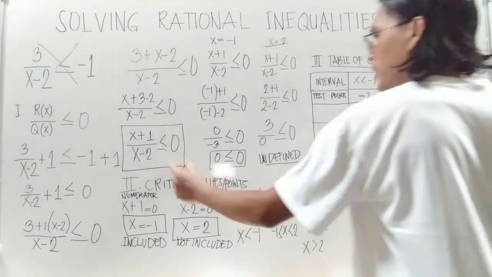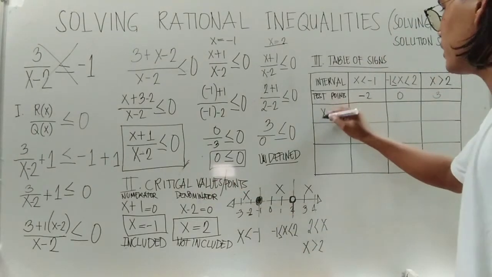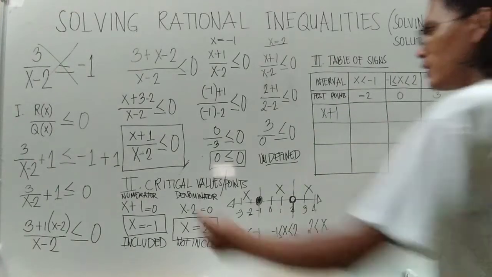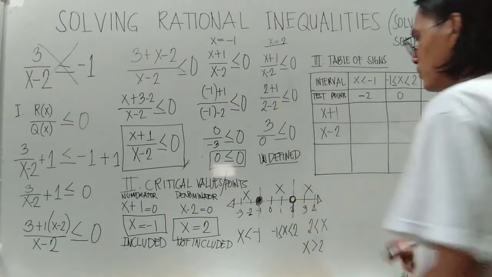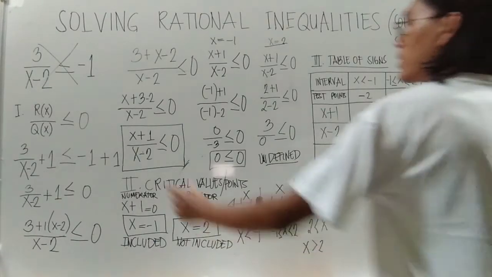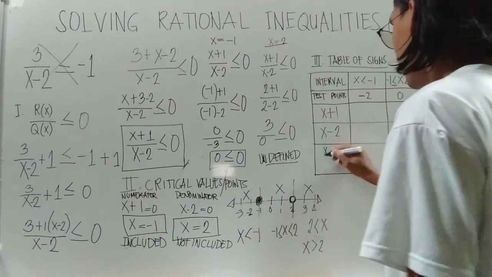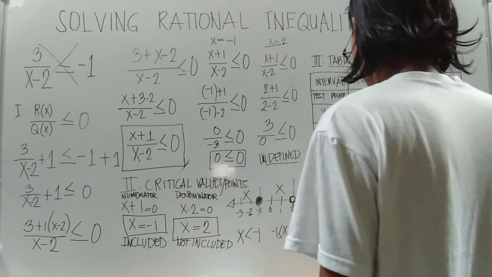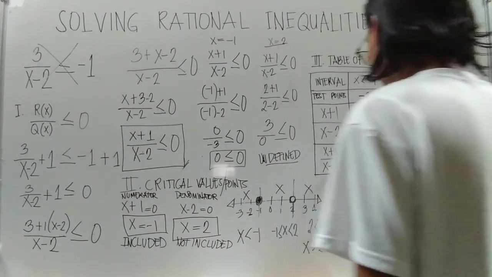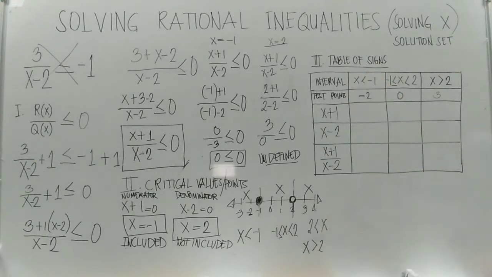So your numerator is x plus 1. Okay? Then your denominator is x minus 2. Then, the last column is for both the numerator and the denominator. So I guess we are clear on this table. Okay? Let us continue.